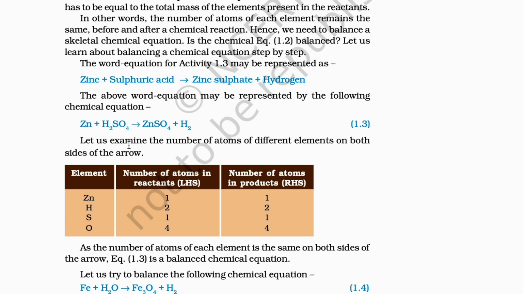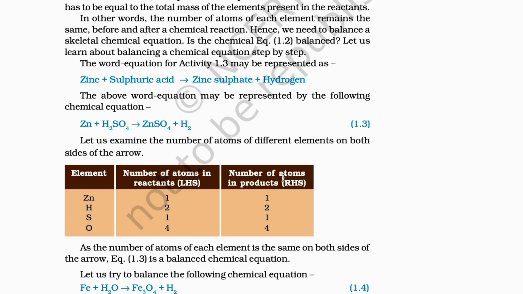Let us examine the number of atoms of different elements on both sides of the arrow. Element Zn. Number of atoms in reactants, left hand side, is 1. Number of atoms in products, right hand side, is 1. Element hydrogen. Number of atoms in reactants, left hand side, 2.